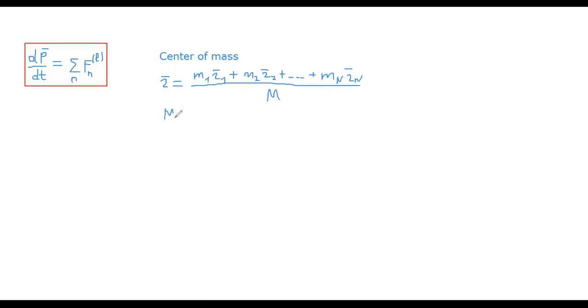M is the mass of the whole material system. So it is m1 plus m2 plus mn.